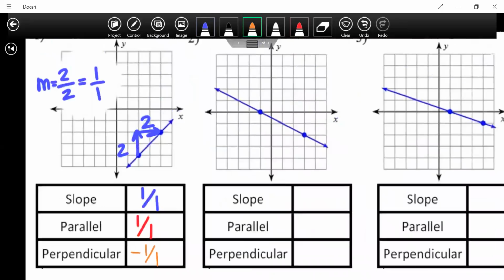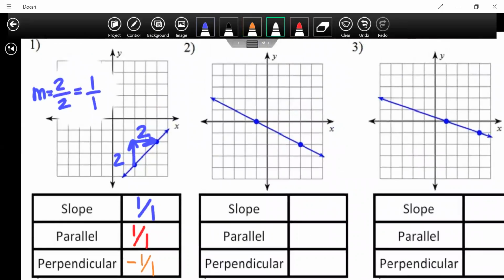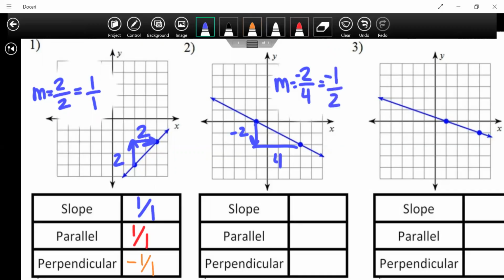Let's look at the next slope here. What is my slope for the next one? Down 2 over 4. So my slope is going to be negative 2 over 4, which is going to be negative 1/2. I'm going to write negative 1/2 in there.